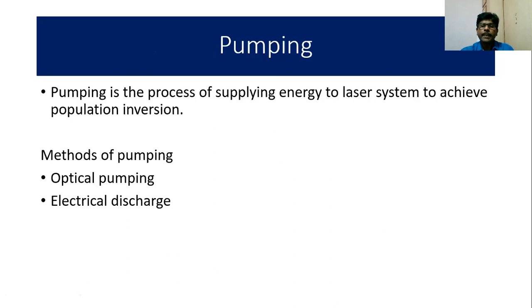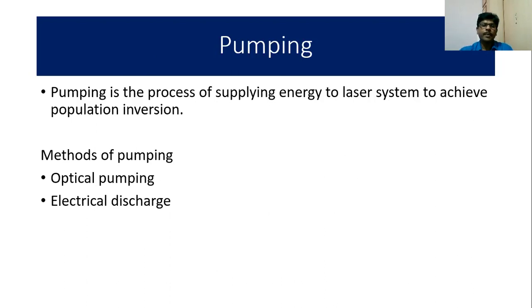Now, pumping is the process of supplying energy to a laser system to achieve population inversion. Pumping is giving energy to the system. Once you give energy to the system, the atoms will go from the lower energy state to the higher energy state. And when they are in the metastable state, they will come down from the higher energy state to the lower energy state.